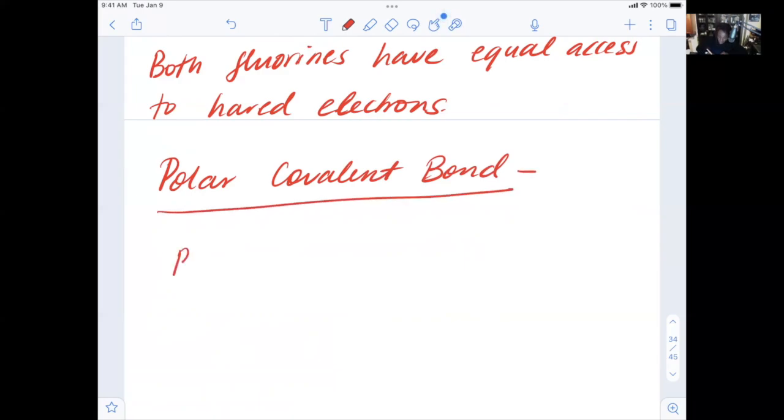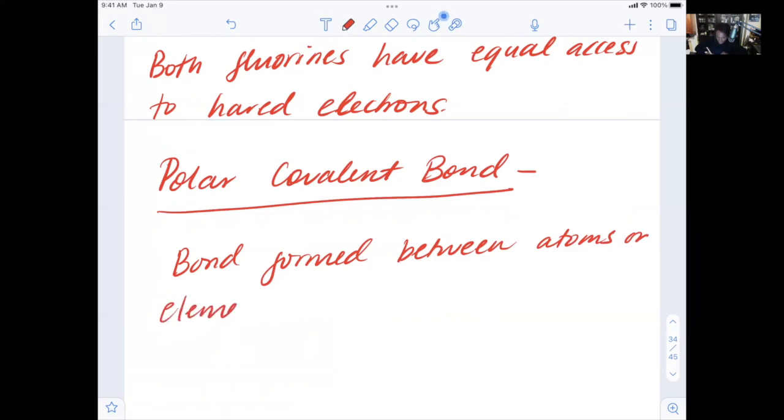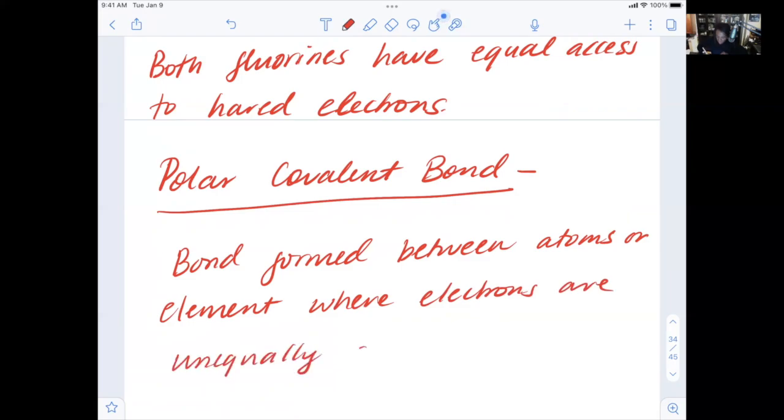Here you have a bond formed between atoms or elements, same thing, where electrons are unequally shared.